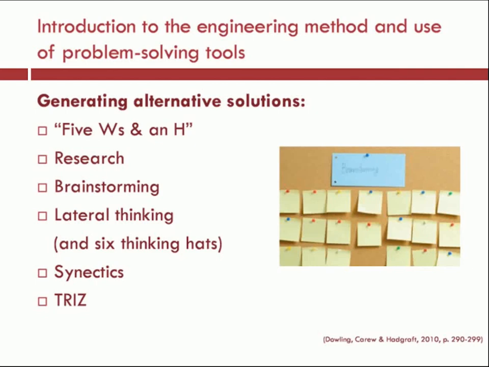The first one, the 5 W's and the H, is particularly useful when we're looking to understand the problem itself. At the very start, when we're looking to define the problem and the performance criteria that's required, we use the 5 W's and the H, which constitute the questions why, what, when, where, and who, adding the H of how.